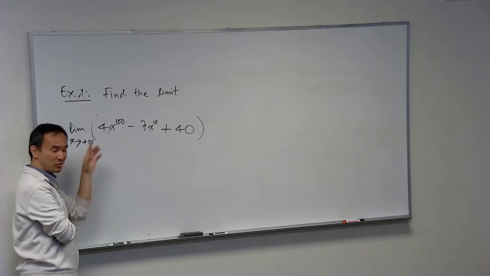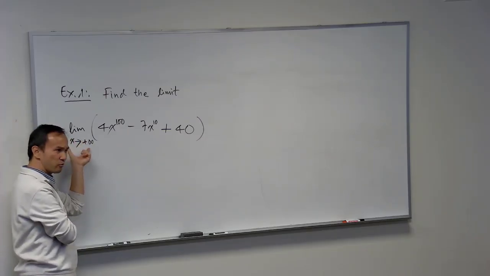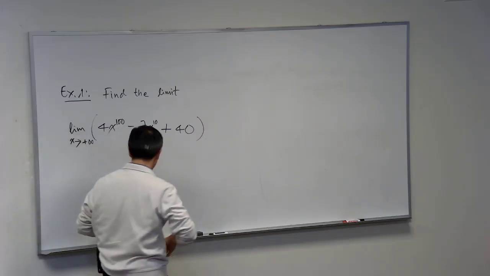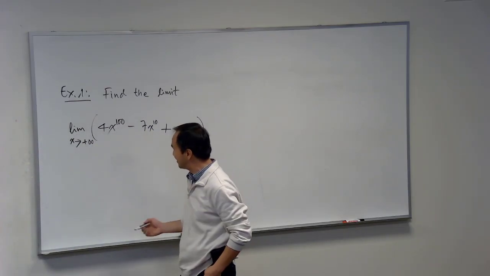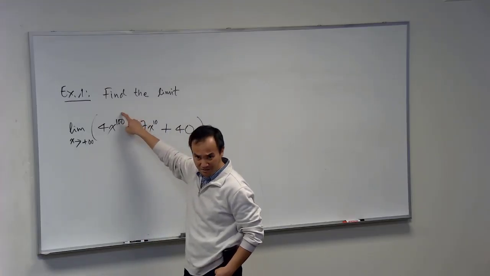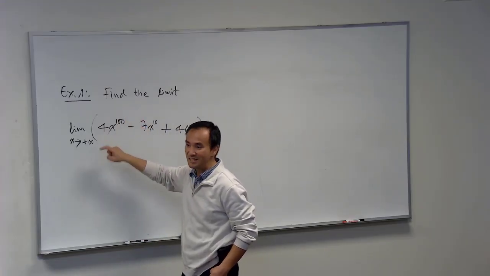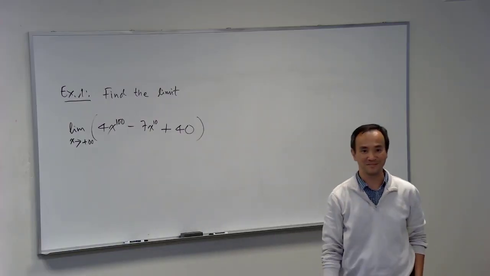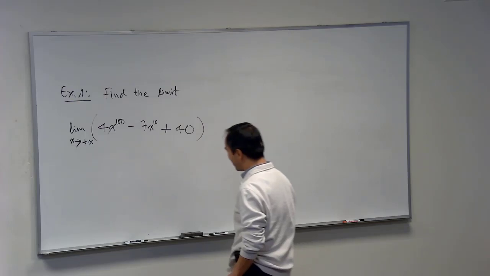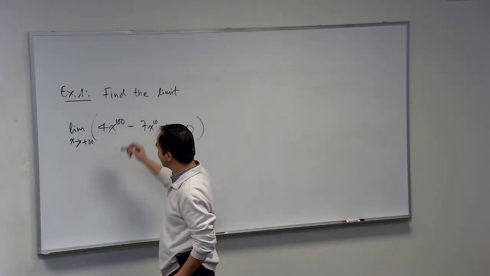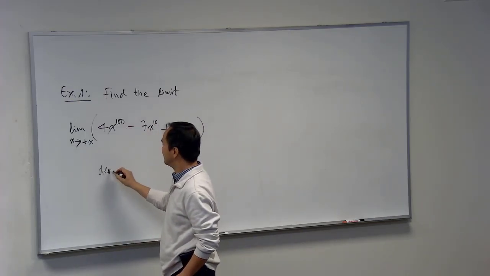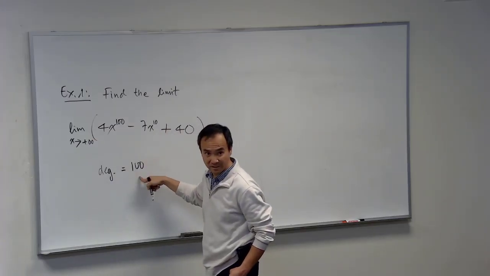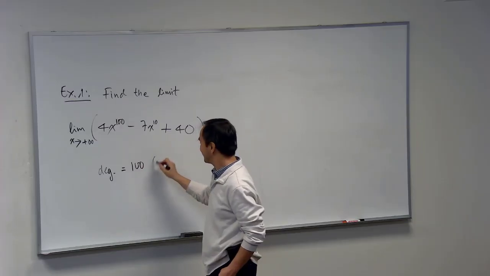So everything that matters now is to check out the degree, and check out the lead coefficient in terms of being negative or positive. That's all. So what's the degree for your polynomial here? The degree here is 100. Even. Sounds good?